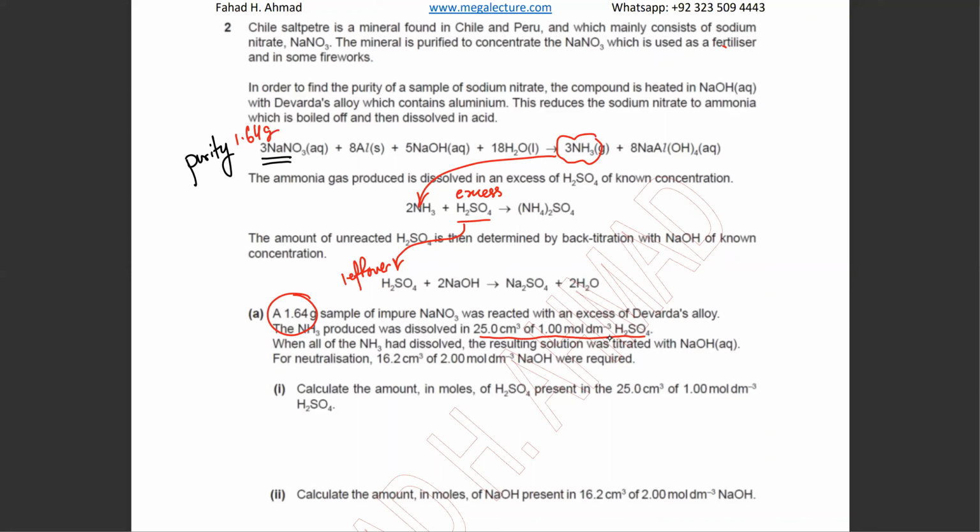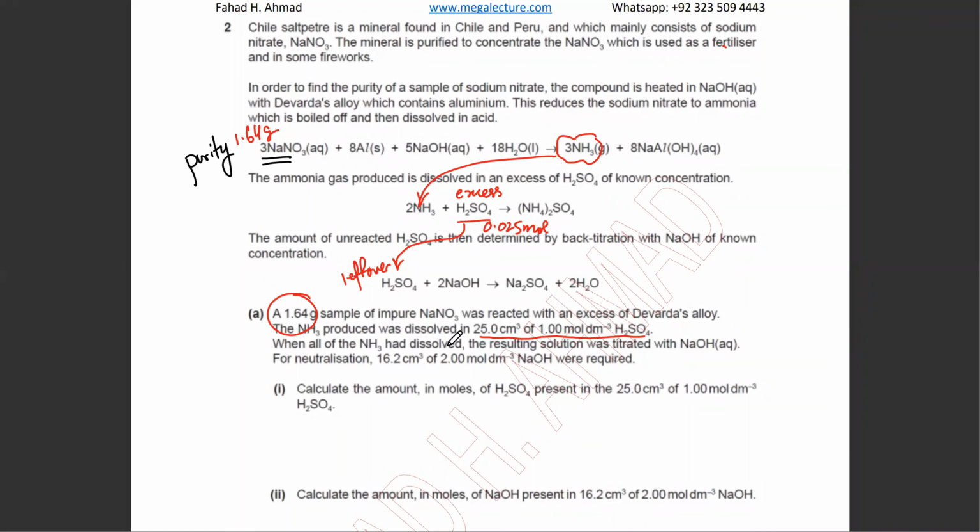Can anyone tell me how many moles this is? 25 into 1 divided by 1000. What do you get? 0.025. So you're getting 0.025 moles. Remember, that's an excess, right?